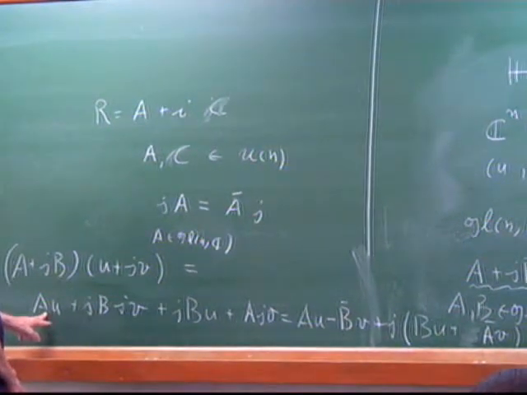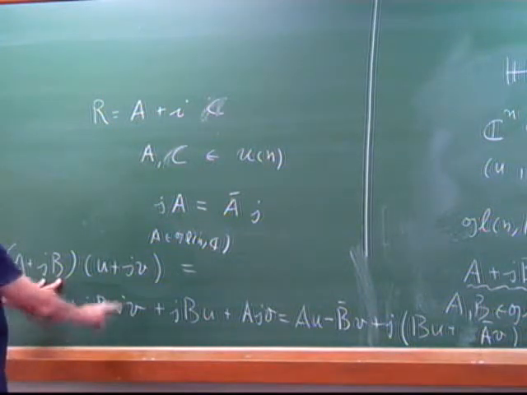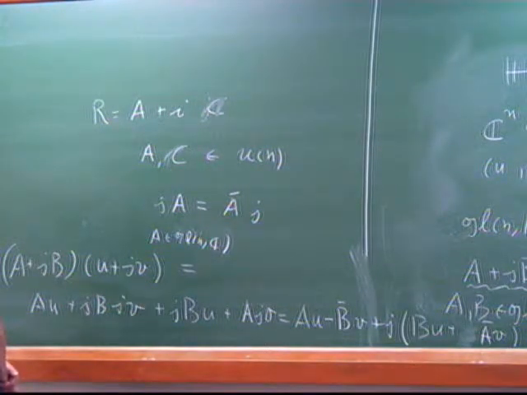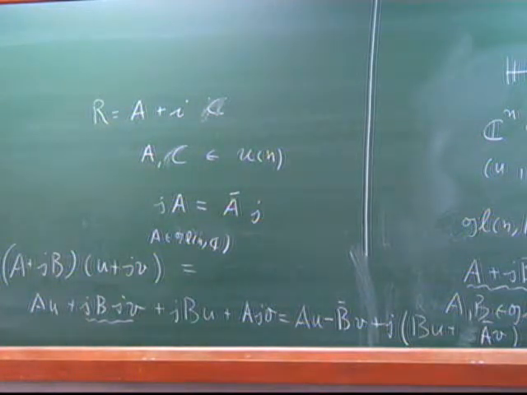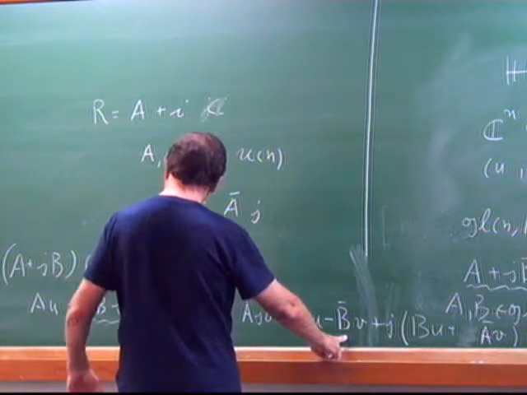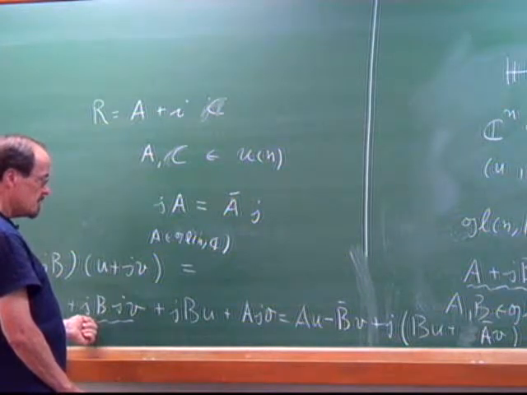What? This is wrong? JB. It's this times this. Compare with the other side, the right side. JB is not equal to the right side. When you make the calculation here, J appears. Yes. Switch these two, it becomes a B bar. J squared is minus 1.